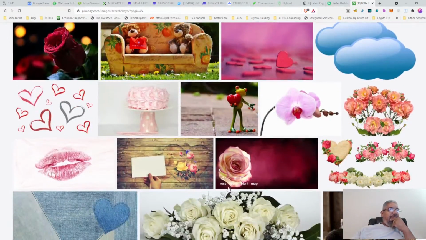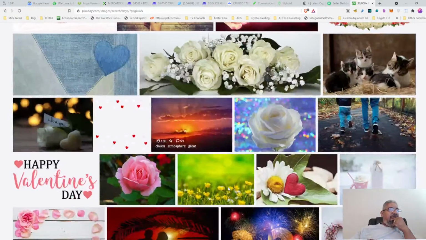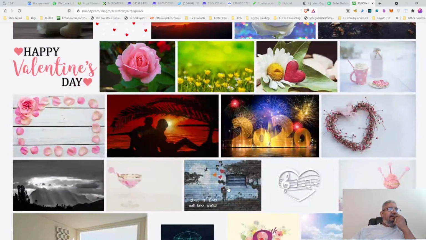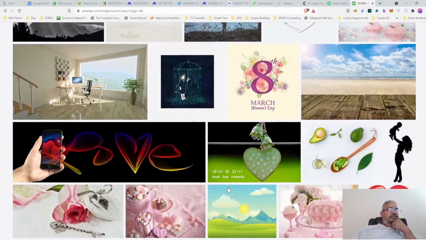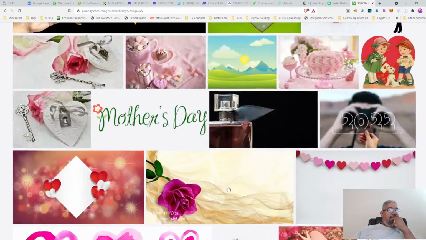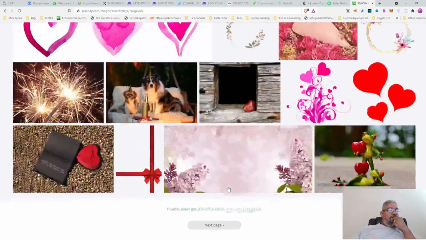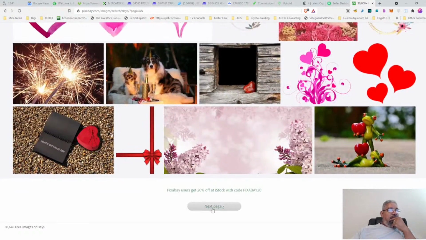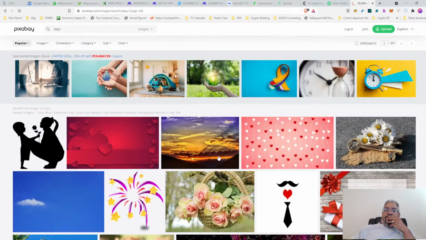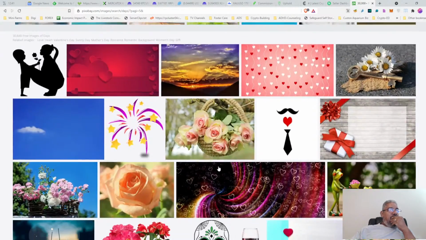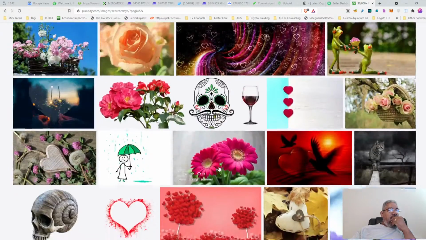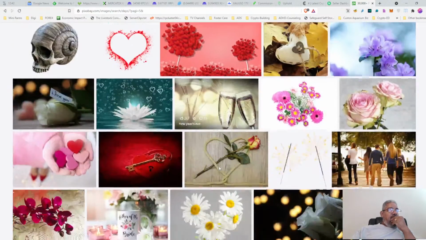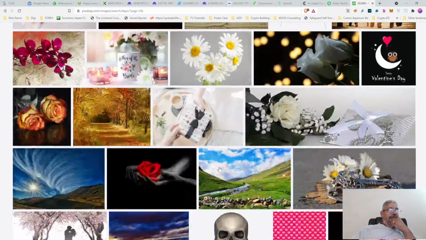So that's basically what the options are. So we're going to look at what we can find here that can possibly be used for days.